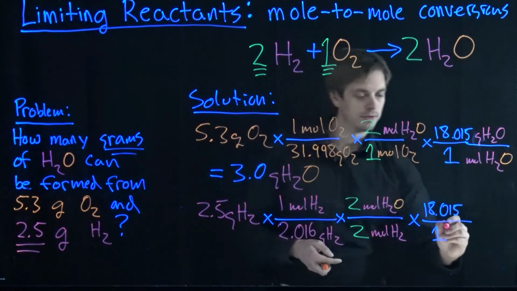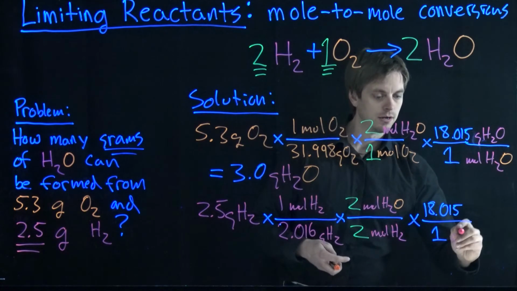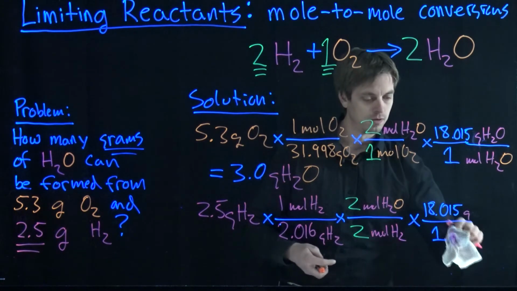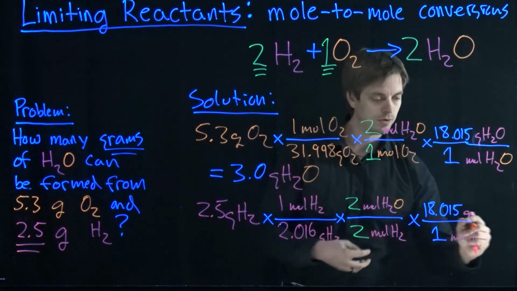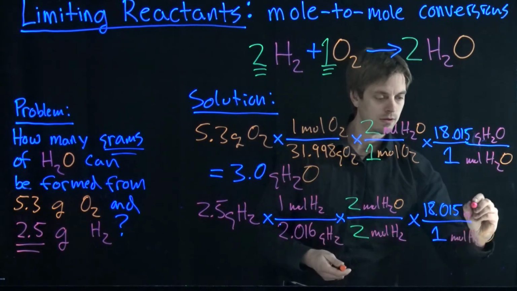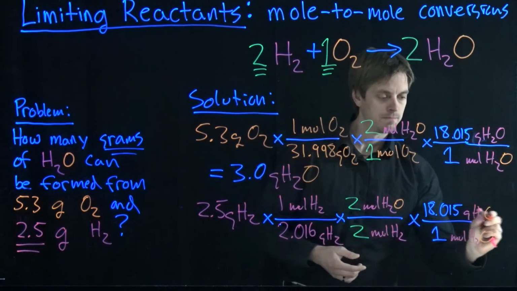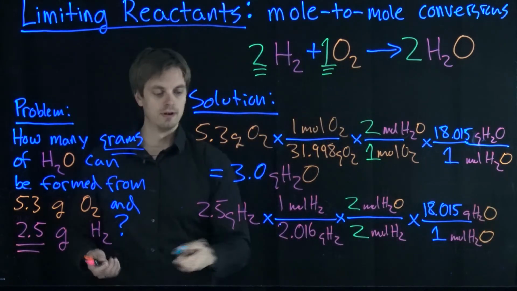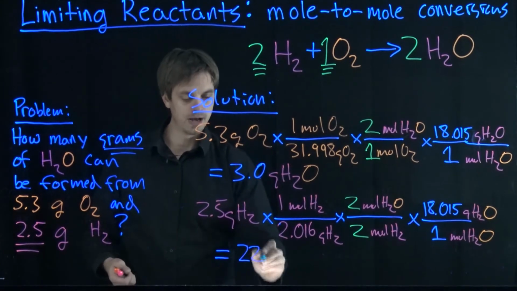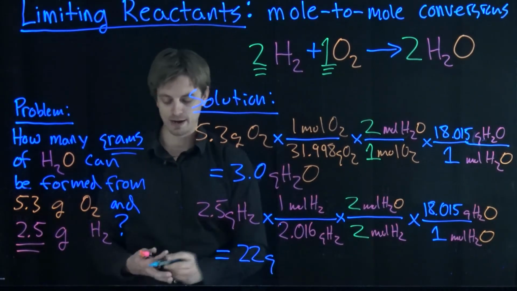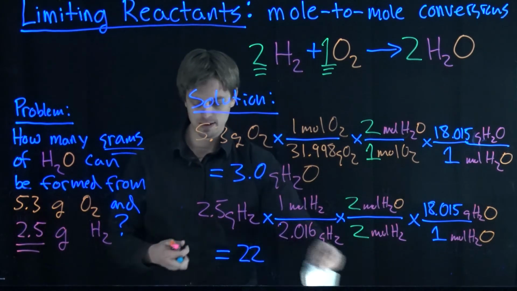And so we have this many grams of H2O for every mole H2O. Now this one, if we plug it into the calculator, you should come up with a mass of approximately 22 grams of H2O.